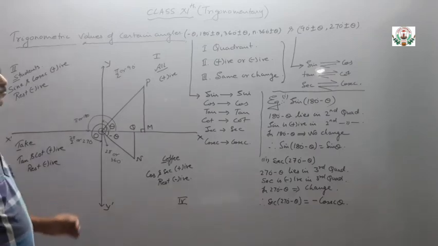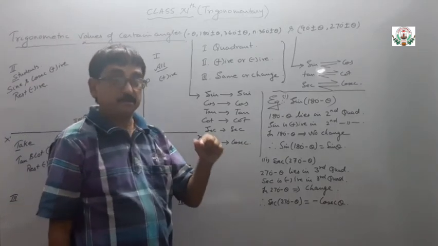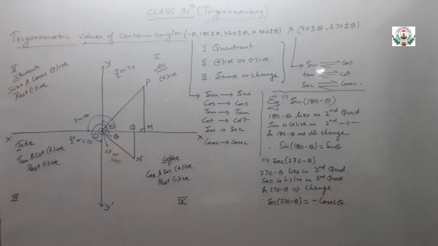Okay. Now if any value is asked, to find out the value of a trigonometrical ratio of an angle which is having a higher value, first we have to see in which quadrant the angle of that trigonometrical ratio lies.